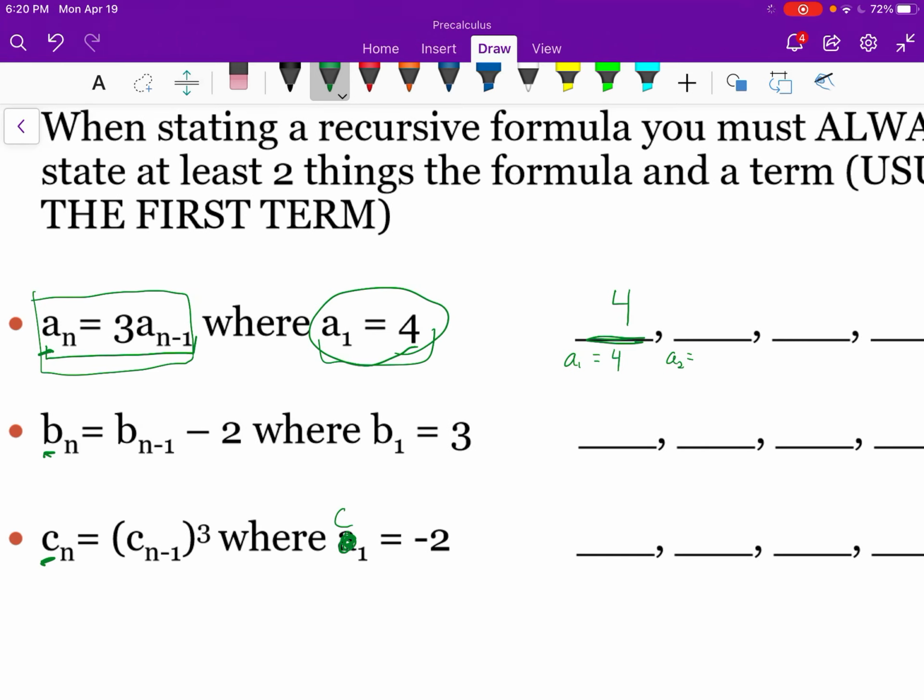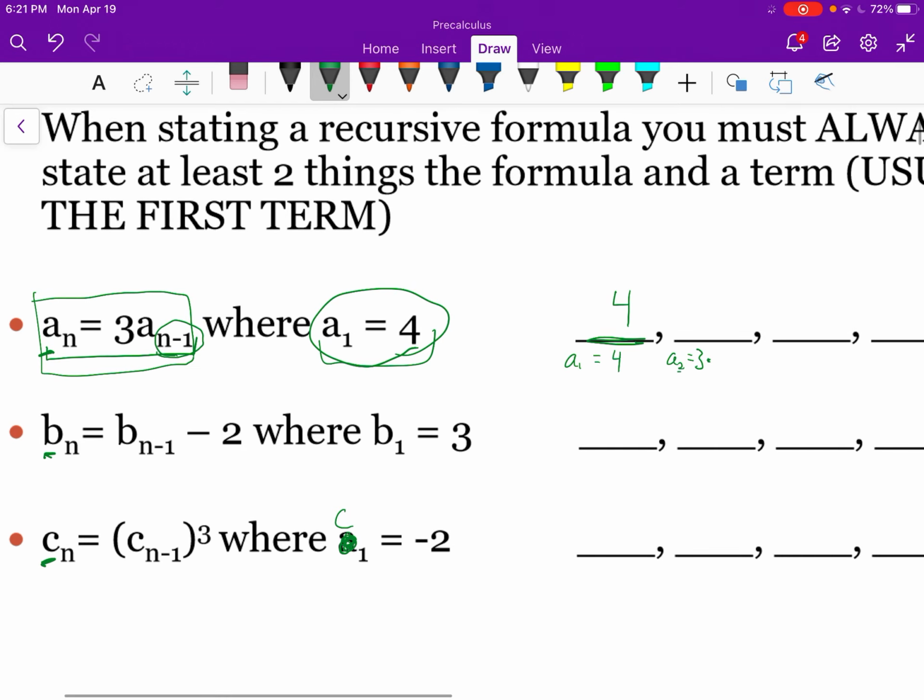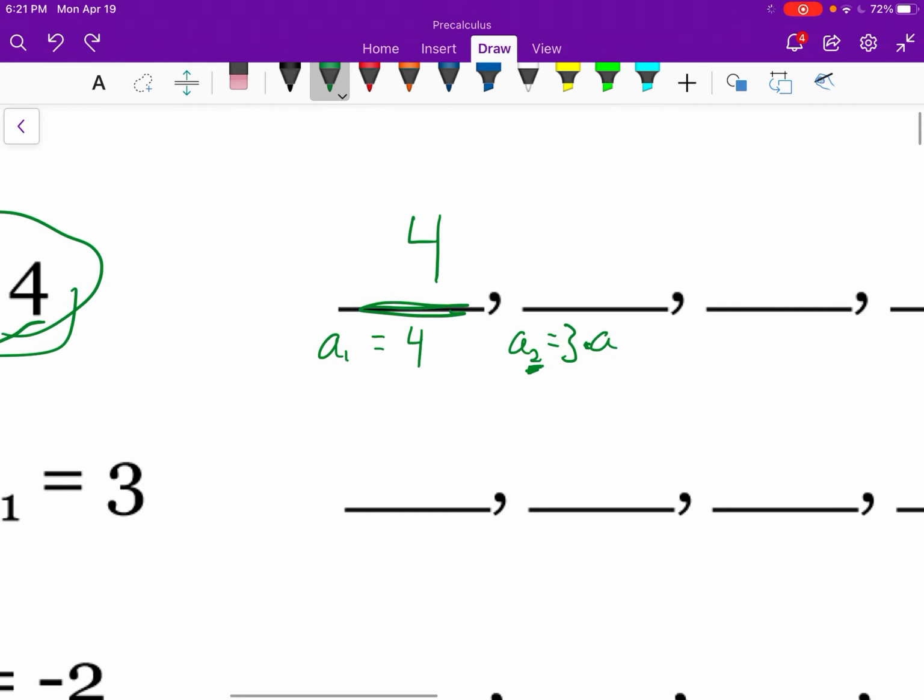Our second term is equal to 3 times a sub n minus 1. A sub n minus 1. Well, we're talking about n being 2. So a sub n minus 1 should be a sub 2 minus 1.